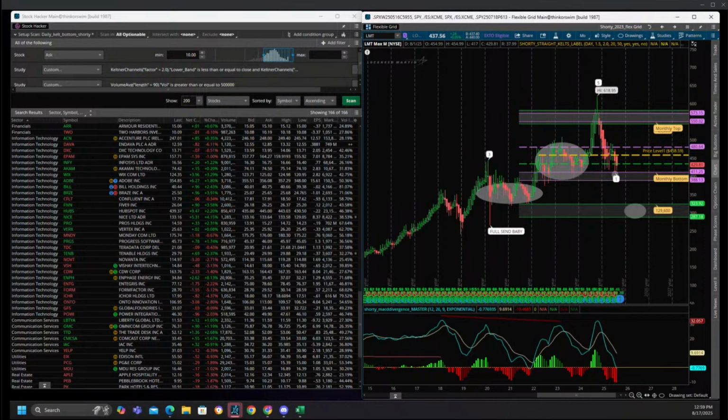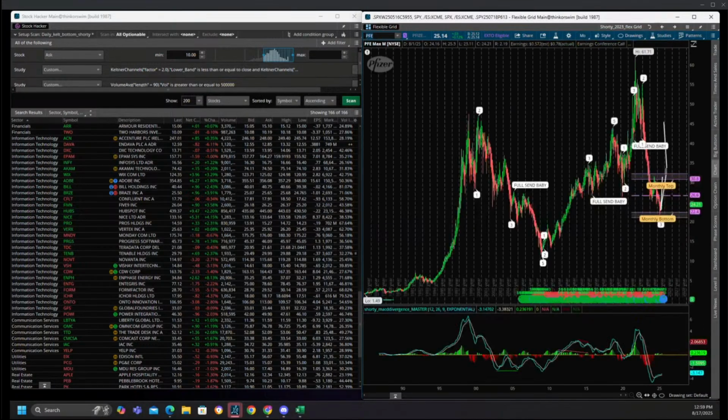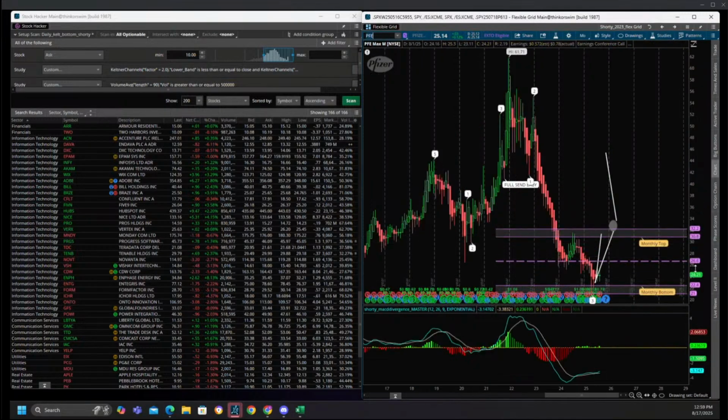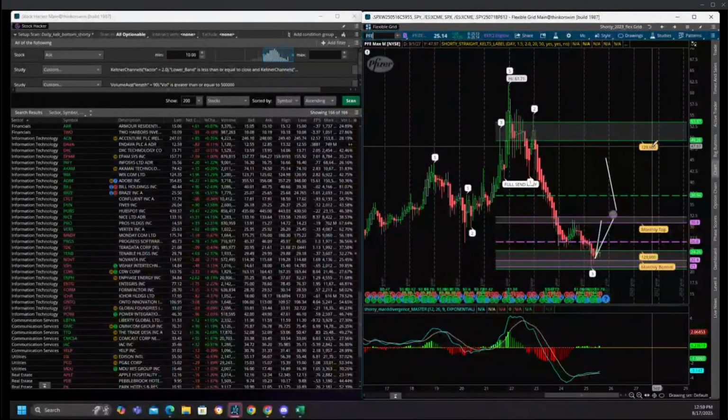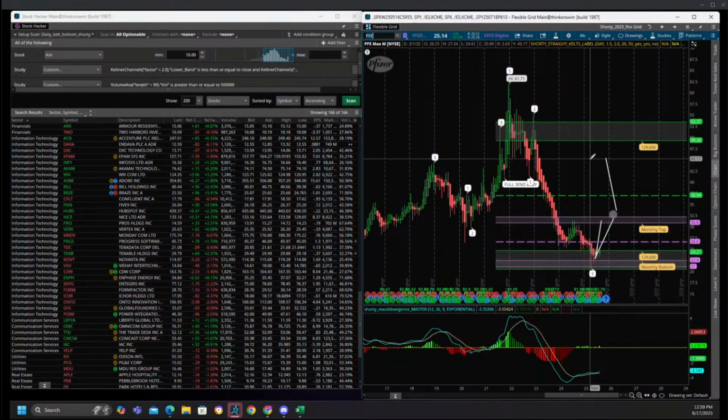I'll do one more, and then we're gonna take a quick water break. PFE. If you guys know, I have this in my portfolio. Their dividend is unreal. So monthly bottom, we know we're gonna go back to 30s, 36, and 50s. At 50s, Shorty offloads all of the PFE to you guys. Whoever is willing to buy it here, I will let you have it at this price.